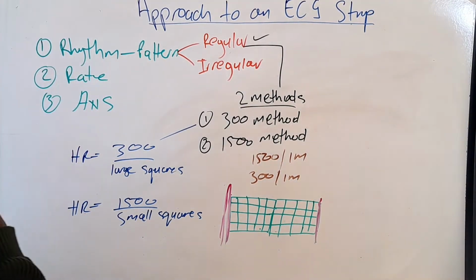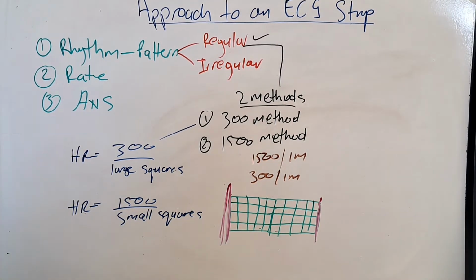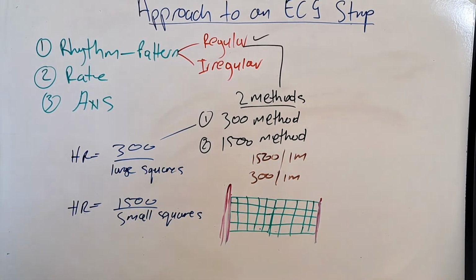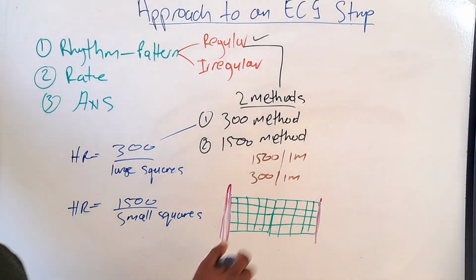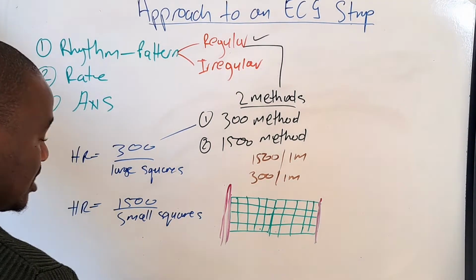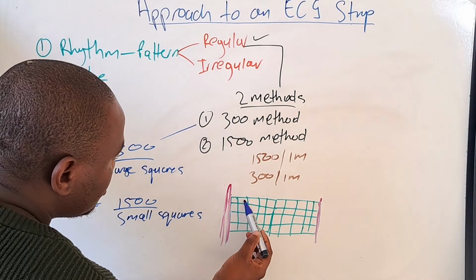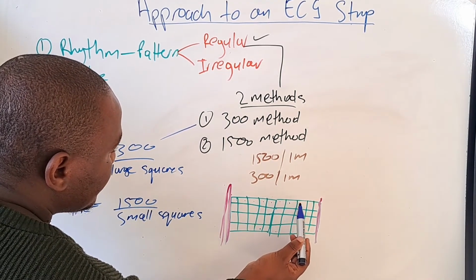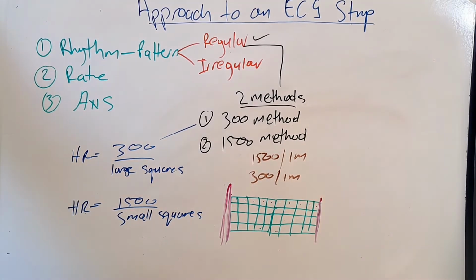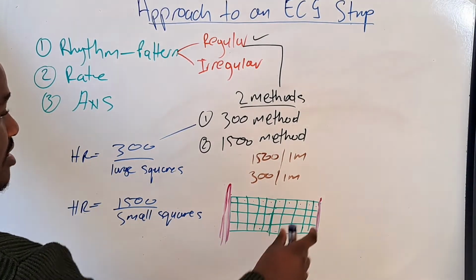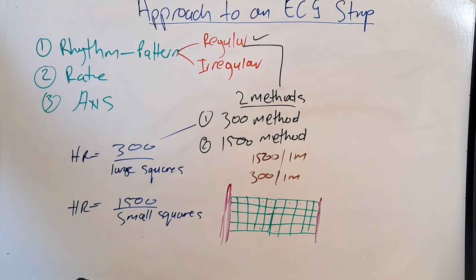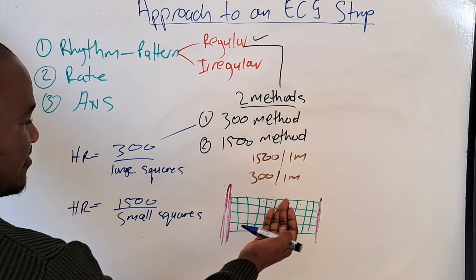Right? So if we are using the 1500 method, from one R wave to another R wave, you just count those small boxes. 1, 2, 3, 4, 5, 6, 7, 8, 9, 10. But if you have large boxes, like if there's 3 of them, because you know each large box is 5 small boxes, you can just say 5, 10, 15.